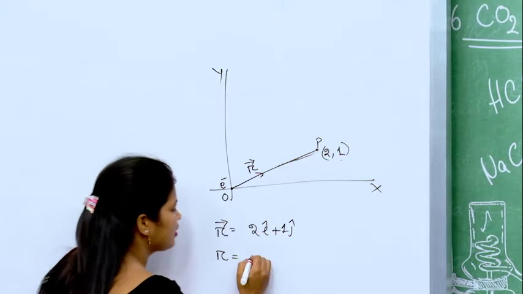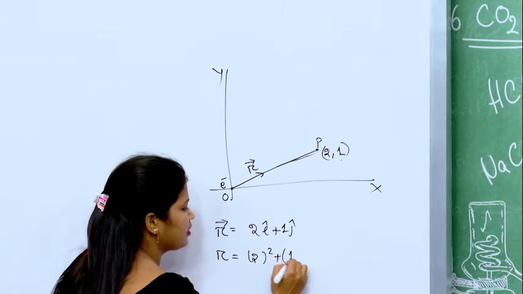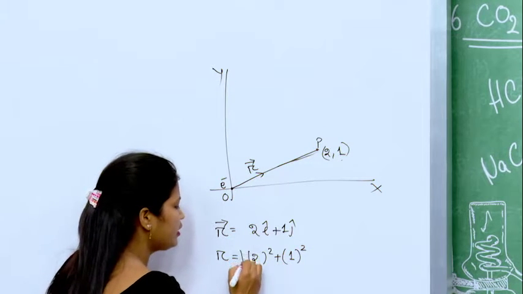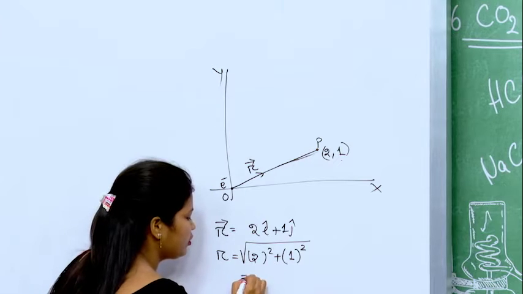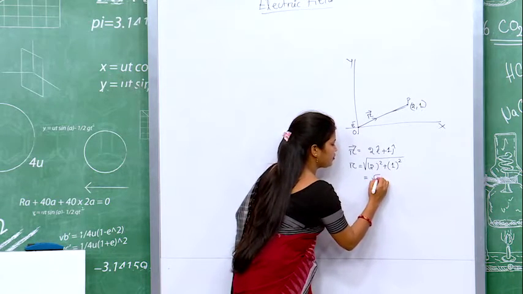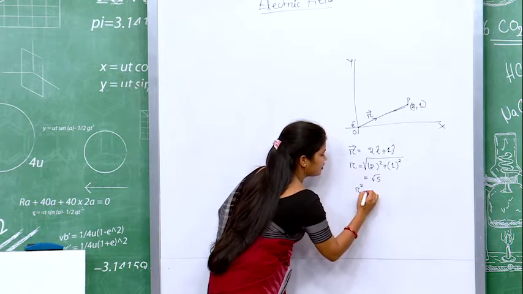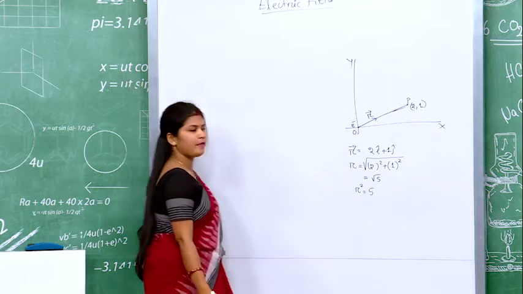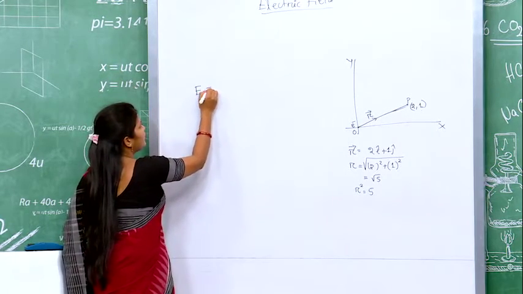R is the square root of 2 square plus 1 square, that is equal to the root of 4 plus 1, which is 5, so root 5. What is R square? It is 5. So, what is the formula of E?